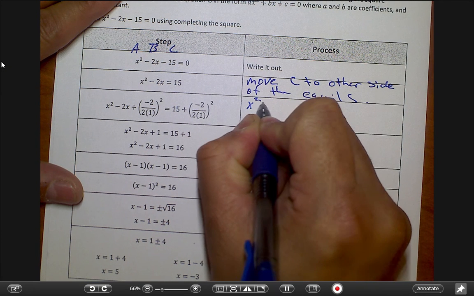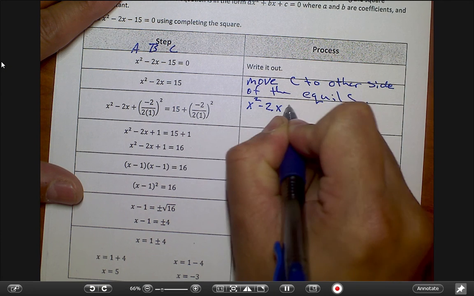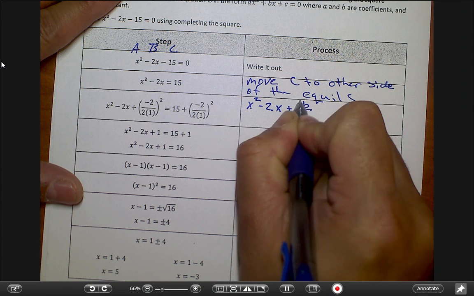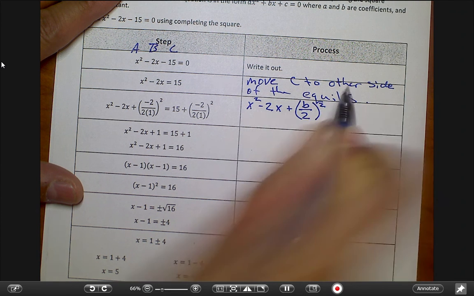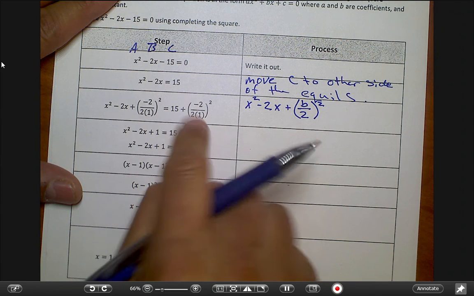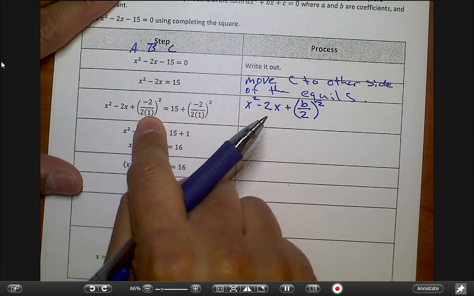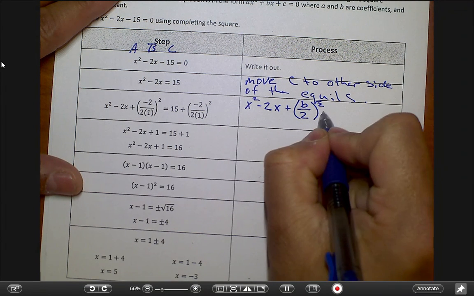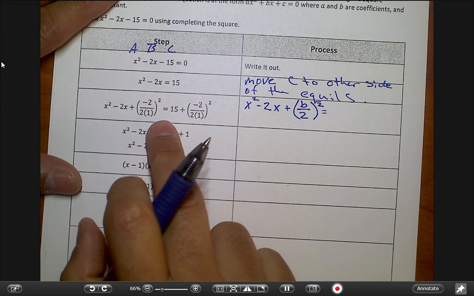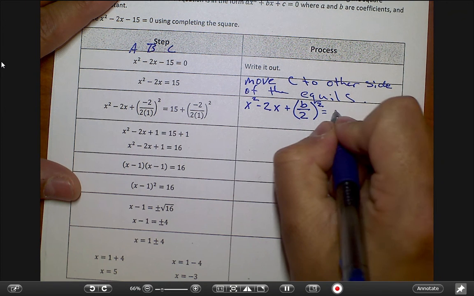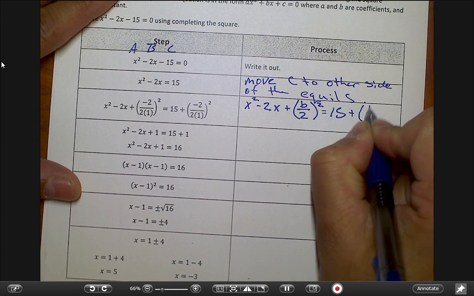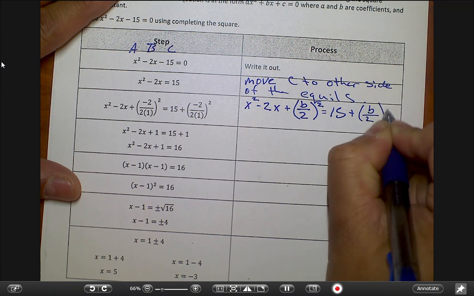X squared minus 2x plus b divided by 2 squared. Okay, that's what all this is right here. It's b divided by 2 squared. So equals my c, which was 15, right? Right here. So I have 15 plus, again, my b divided by 2 squared.